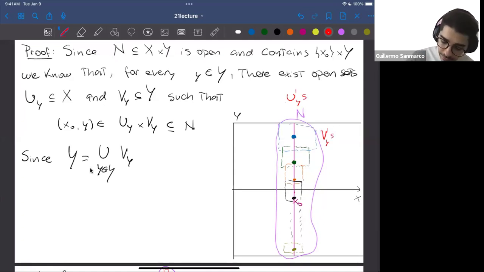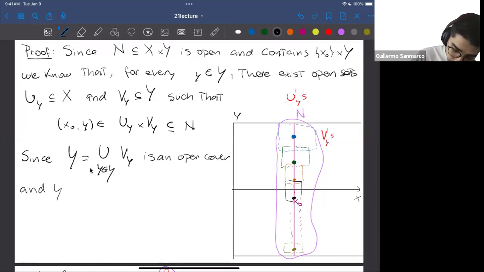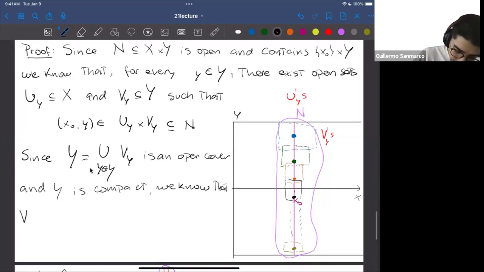Since this is an open cover and Y is compact, what we actually know is that Y is going to be the union of finitely many pieces, V_y1, blah, blah, blah, V_ym, for some y1 through ym.